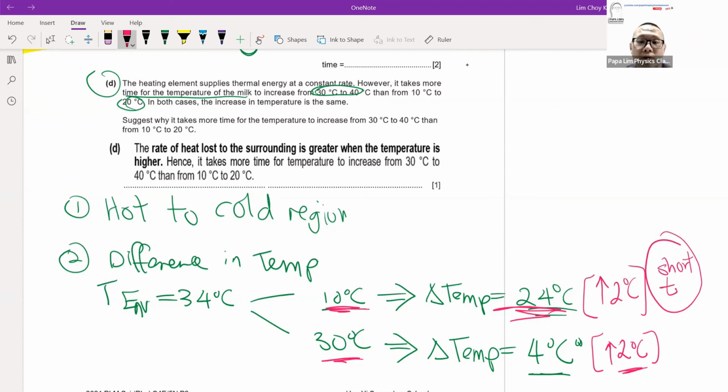Because of that, it takes a longer time to increase the same 2 degrees Celsius, since the difference in temperature is smaller. The smaller the temperature difference, the harder it is to increase the temperature.